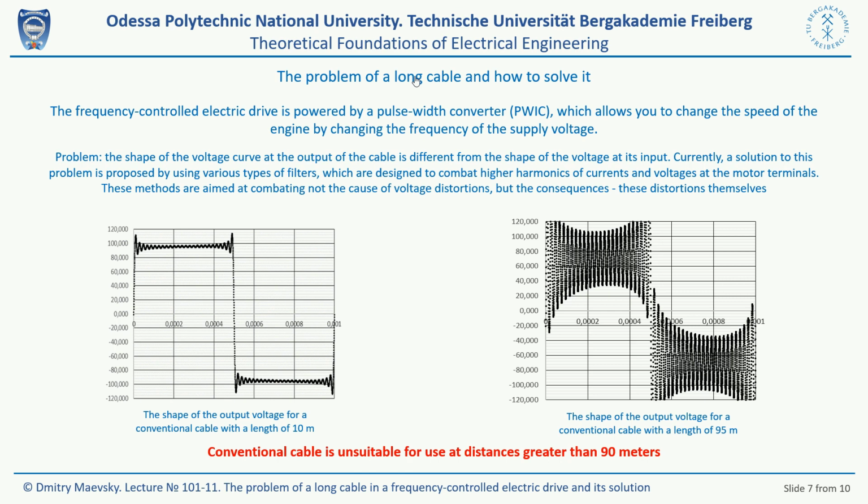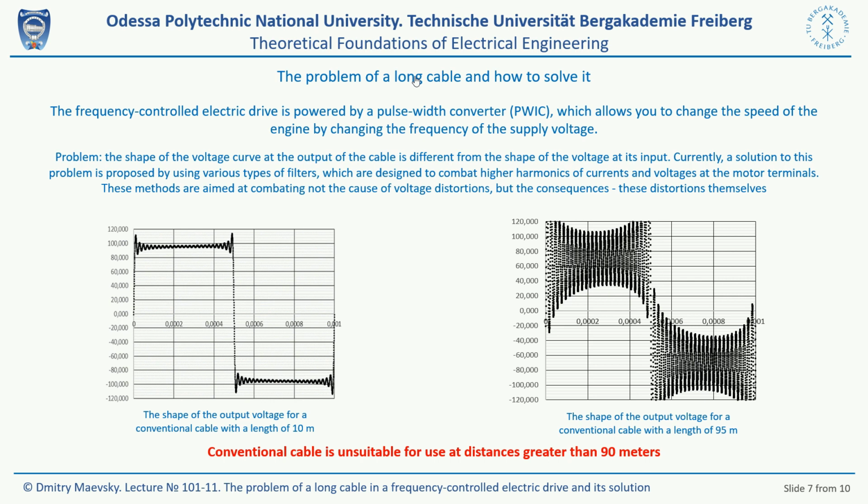And most often in industry, we need to control the rotation speed of not one asynchronous motor, but several. These several motors can be located far from each other, for example, in different workshops of the plant or at different berths of the seaport.